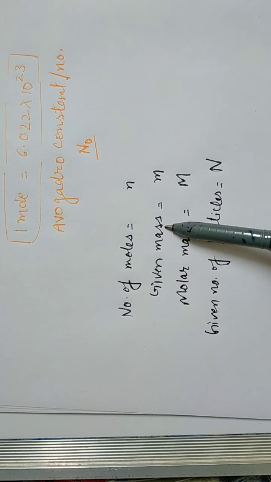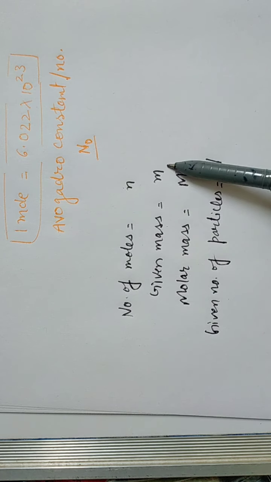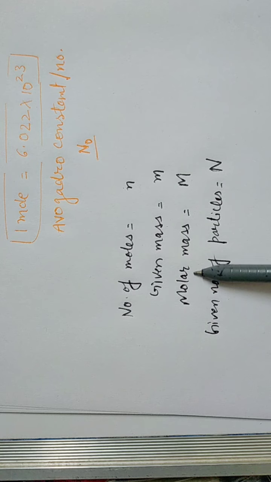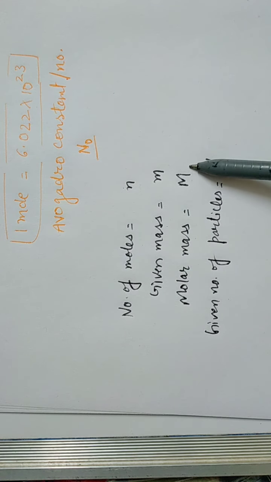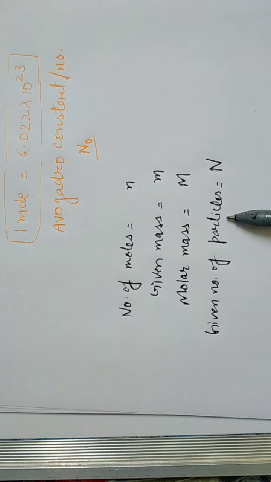The mass which will be given in your numerical is called the given mass, and it is represented by small m. Then molar mass. Molar mass of any element or compound is represented by capital M. And the given number of particles or atoms is represented by capital N.